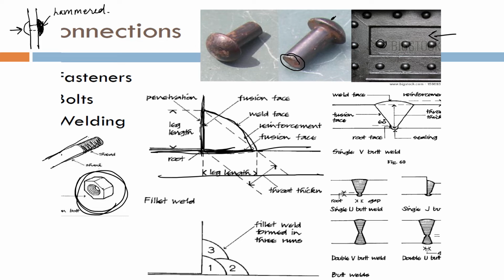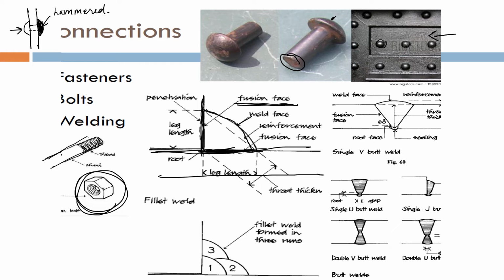So this is the fusion phase, this is the weld phase, this is the reinforcement, and this is also the fusion phase. So this member and this member are being fused together. That is why it is the fusion phase, and this is the weld phase. This is where the welder puts his material which is going to melt and fuse these two members together.